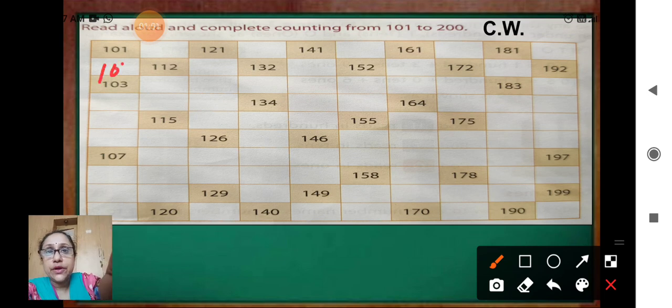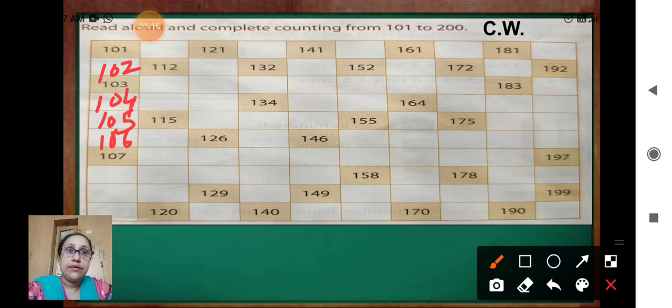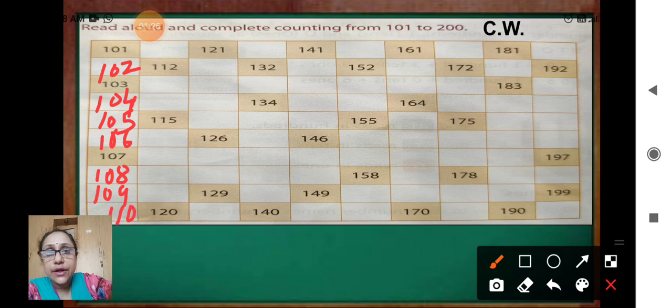Then you will write 102, 103, 104, 105, 106. Say loudly and write the numbers. 107, 108, 109, 110.